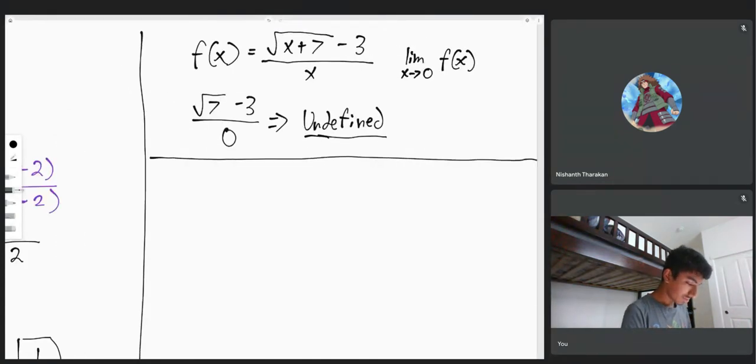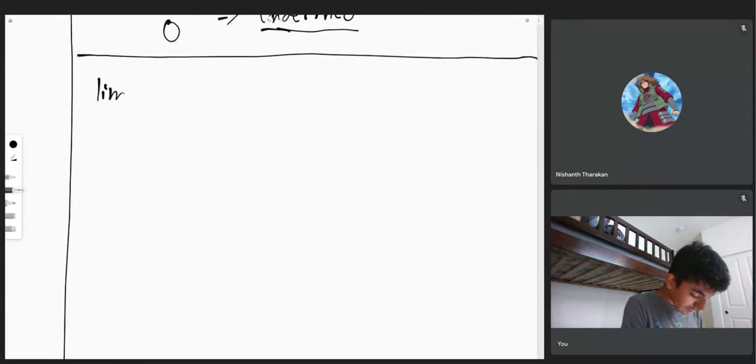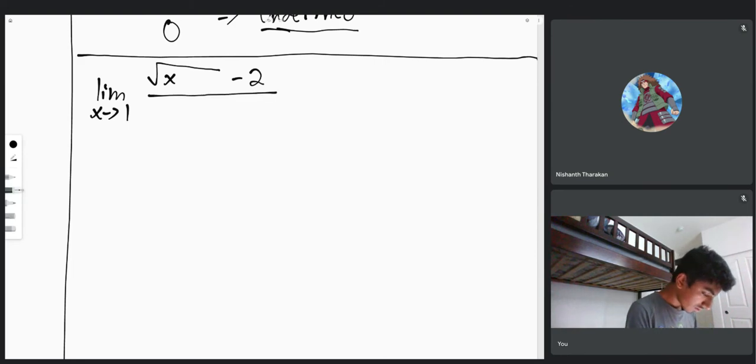Let us do another problem where we can use conjugation. We will take the limit as x approaches 1 of root x plus 3 minus 2, over x minus 1.